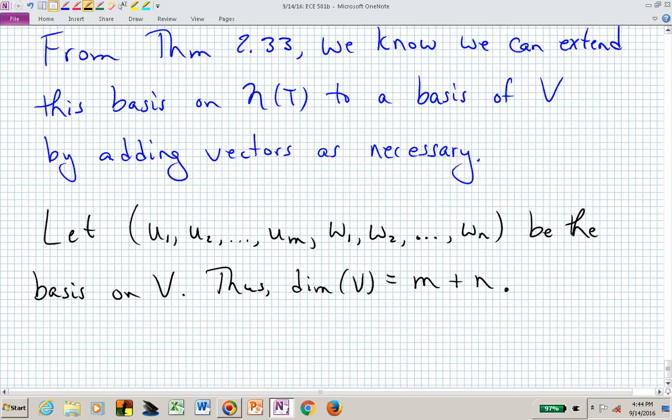And here is a basis for that. So that says if we have a basis, what do we need? We need those vectors to be linearly independent and span the entire space. So these m plus n vectors span the entire input vector space, and they're linearly independent.